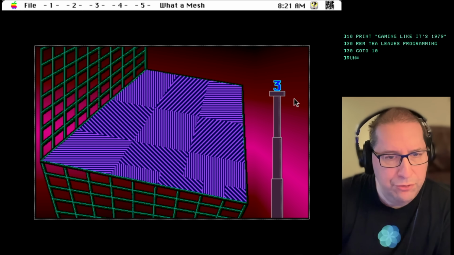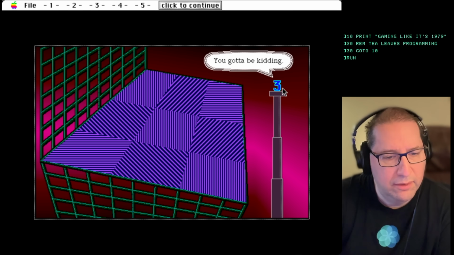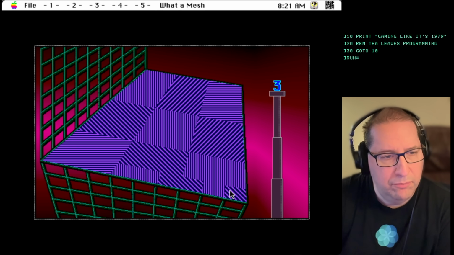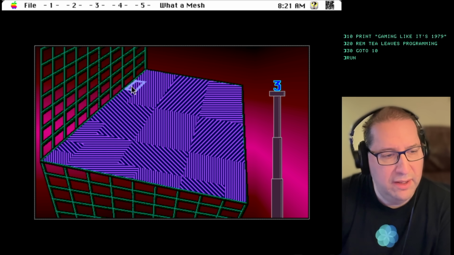Can I somehow use the fact that this is the same as this to wrap around the right value? We go down. Now I have this here. Take that.